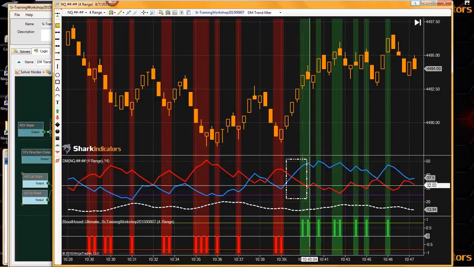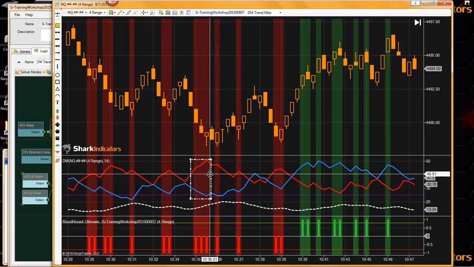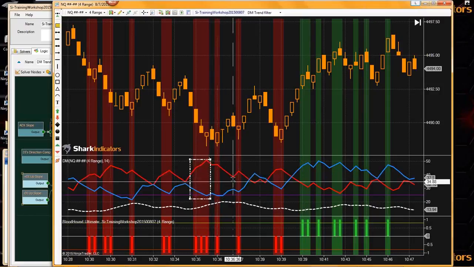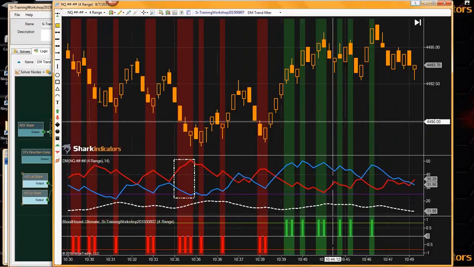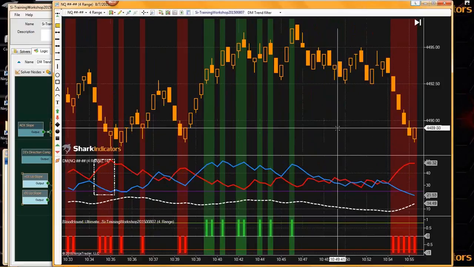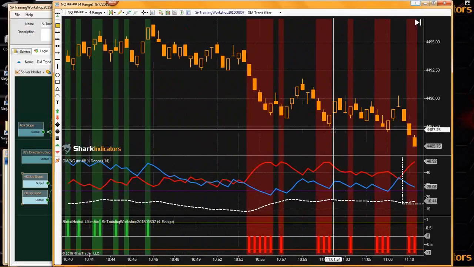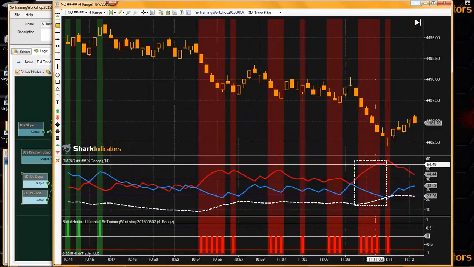They have to be sloping away from each other to identify the strong trend. So here we go, another one. So that essentially is how the DM indicator is used, and the BloodHound solvers to identify that.